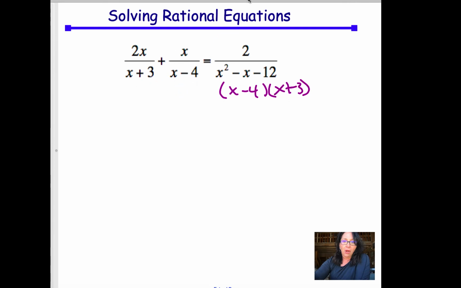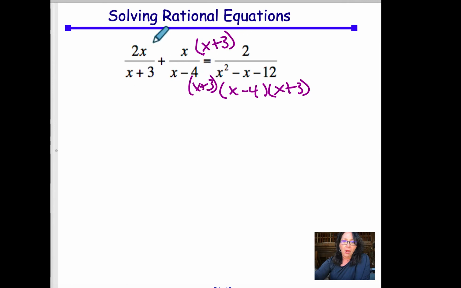And again, like I said before, often when you are adding fractions that have different denominators, the common denominator is going to be a product, meaning you're going to multiply the denominators together like we did on that last problem. So in this case, I'm going to multiply this term by x plus 3 over x plus 3.